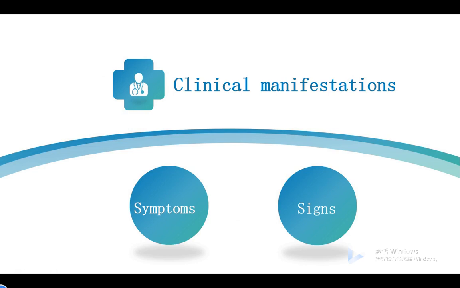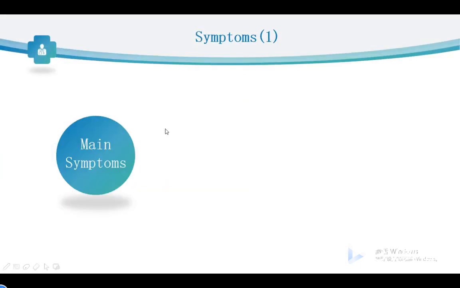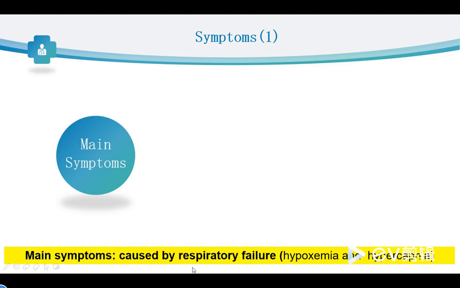Now, let's move to the clinical manifestations. The same as before, respiratory failure is a secondary condition, caused by the primary disease. So, the symptoms and signs can also be divided into different groups. Firstly, the symptoms can be divided into two groups. The first group of symptoms is caused by the respiratory failure, that is, caused by hypoxia and hypercapnia.